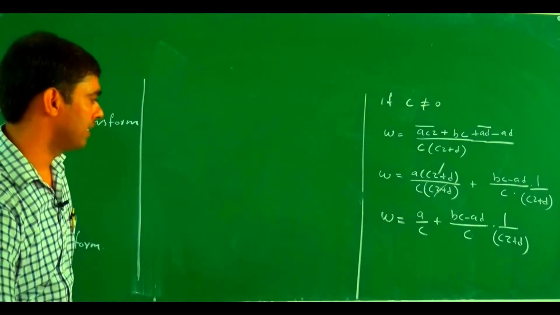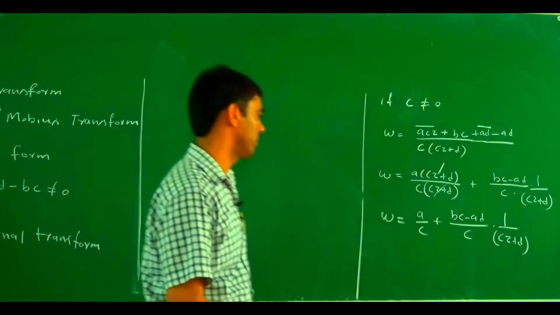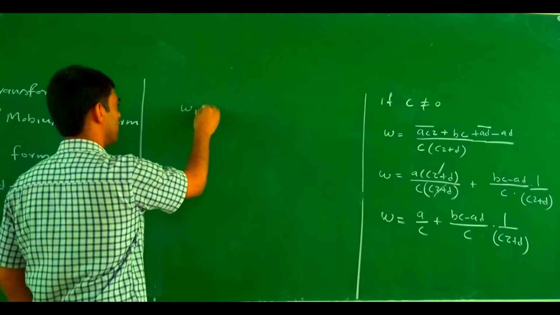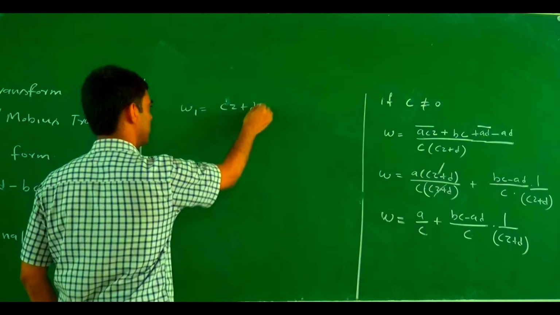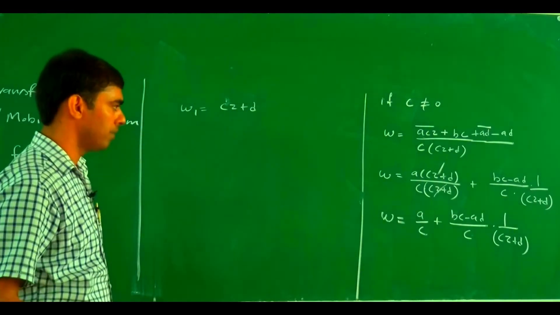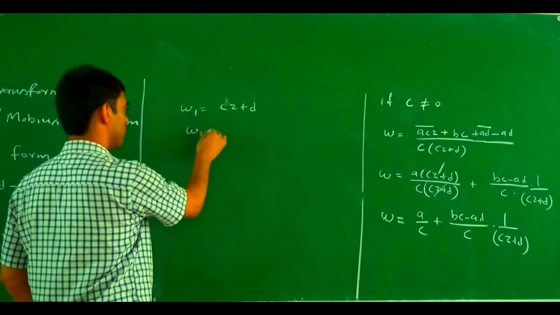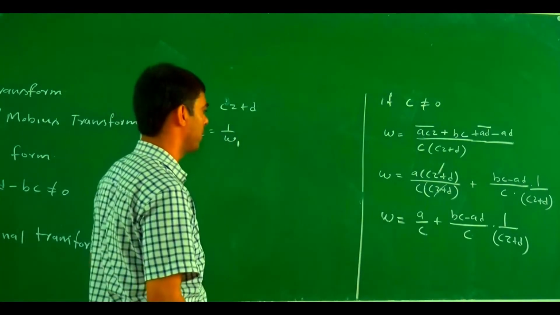Now, if we write this one as W1, W1 equals CZ plus D. Then W2 equals 1 upon W1.